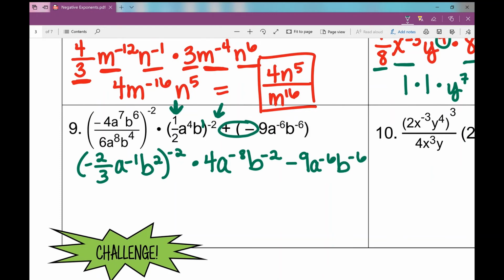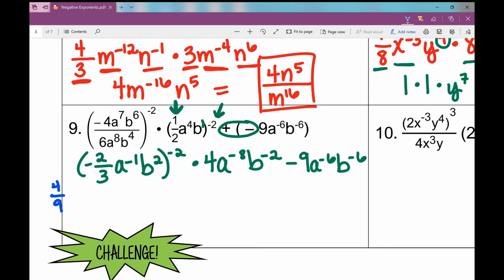Okay, let's do the next step of simplifying. So now over here, all of this is being raised to the power of negative 2. When I square a fraction, it's multiplied by itself. So negative 2/3 times negative 2/3 is going to be positive 4/9.